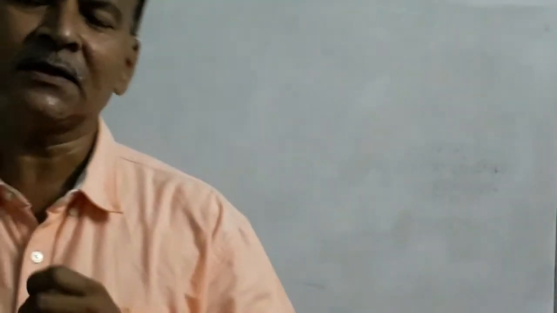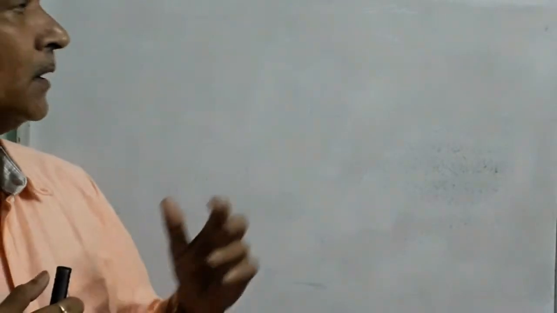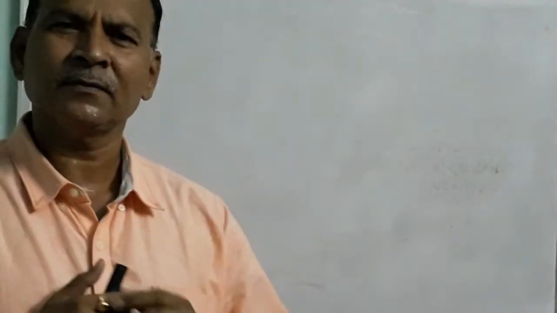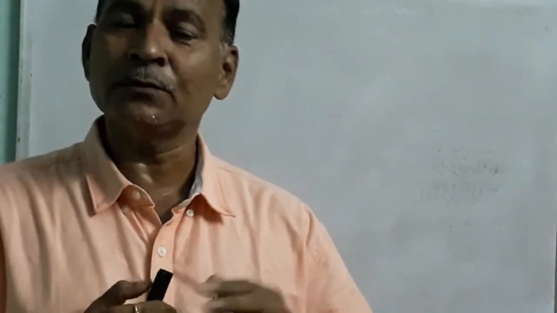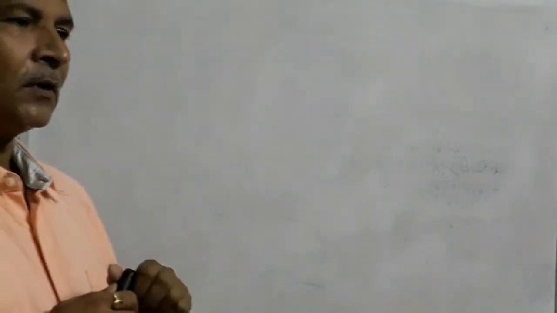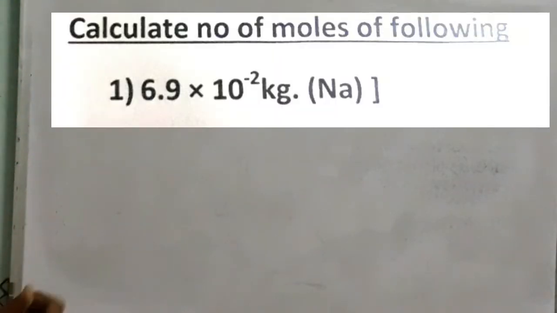See, now there are two types of problems basically that can be asked. The first type is he may give you mass of an atom or a compound and will ask to convert that mass into number of moles. Just for example, see this problem.